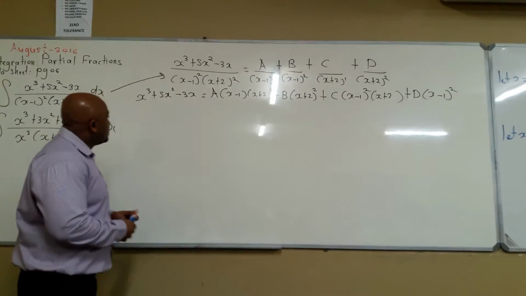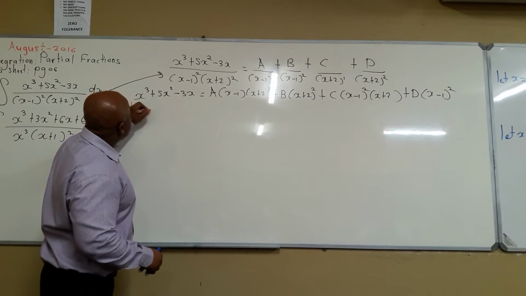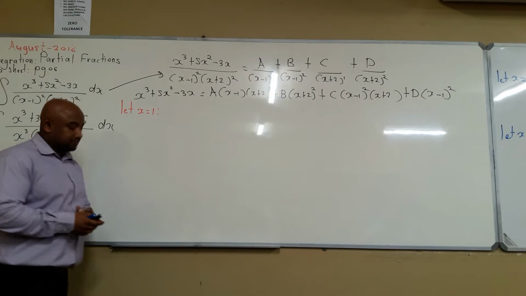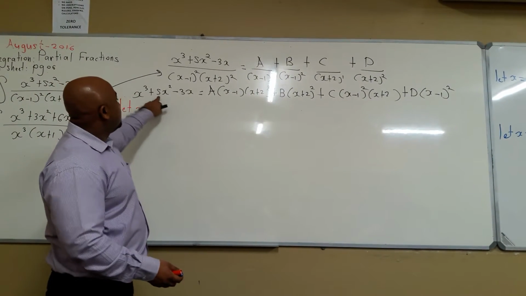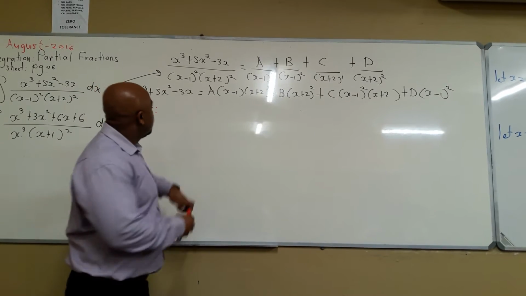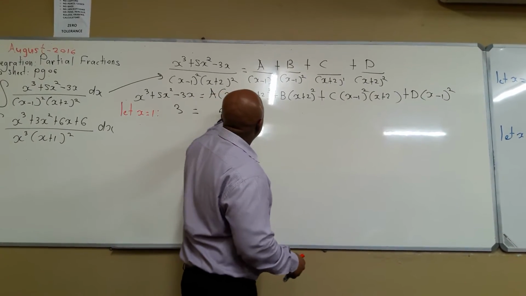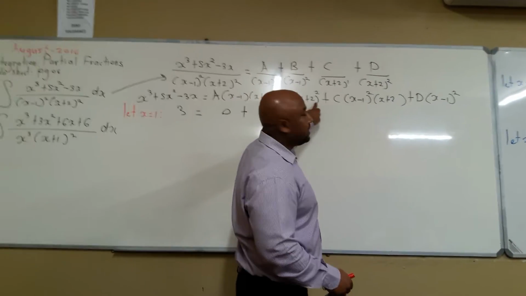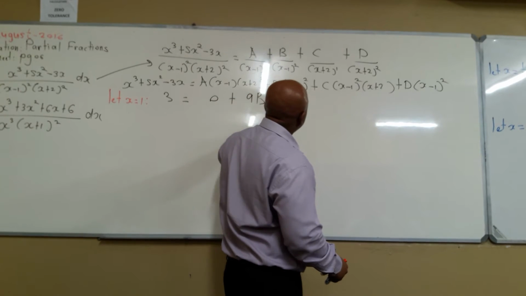Okay. So if I let x equal to 1, let's see what happens. So we're going to have 1 plus 5, which is 6, minus 3, which is 3 on the left. Here I'm going to have a 0. Here 1 plus 2 is 3, 3 squared is 9, so that's 9b.